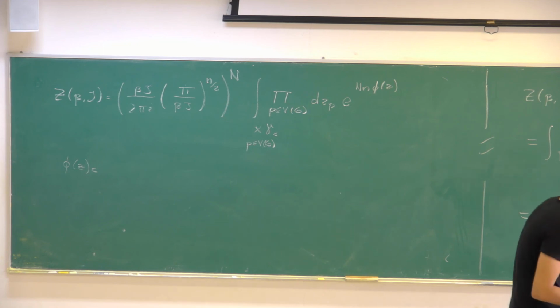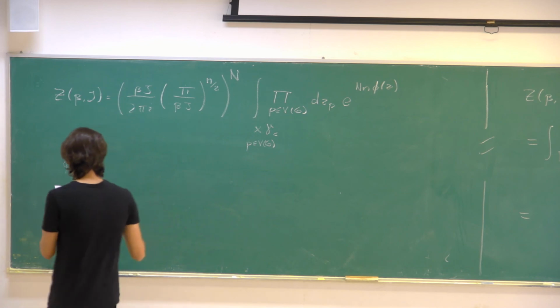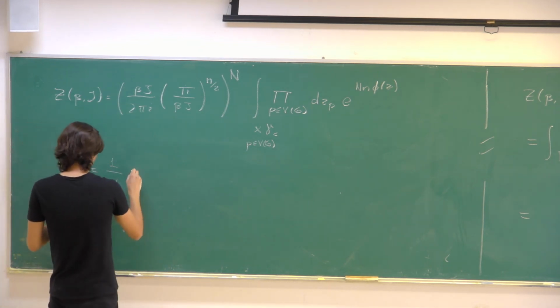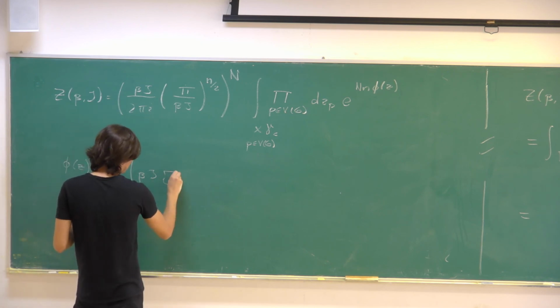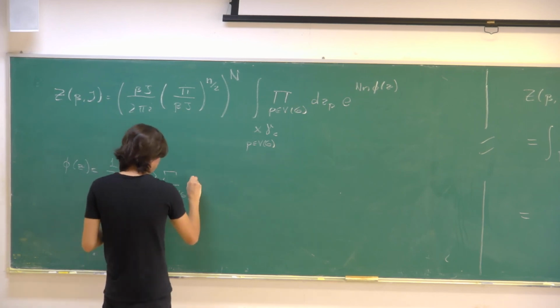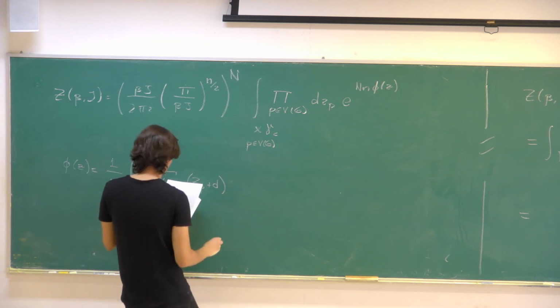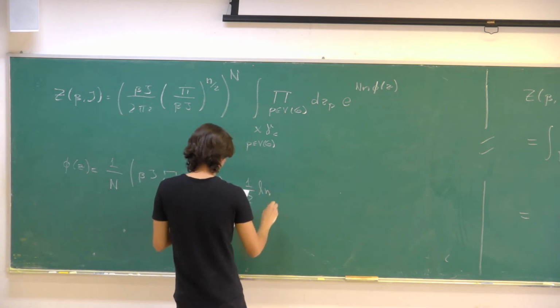But that phi of z is going to be similar, in the sense that phi of z is going to be equal to 1 over n times beta j times the sum over p belonging to bg of c and p plus d minus 1 half of the logarithm of the determinant, right?